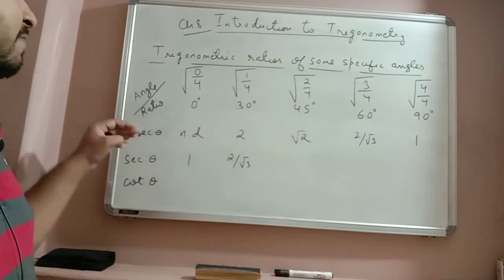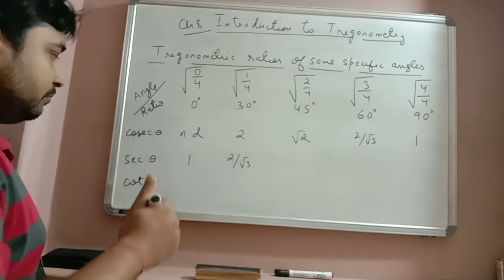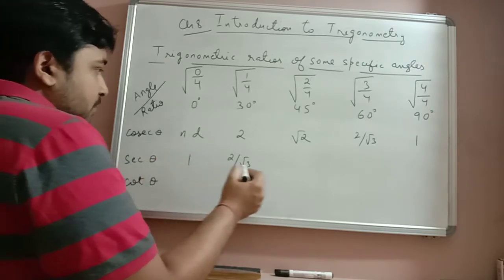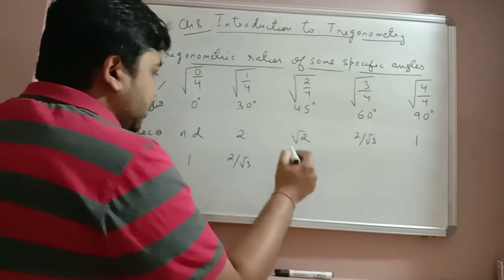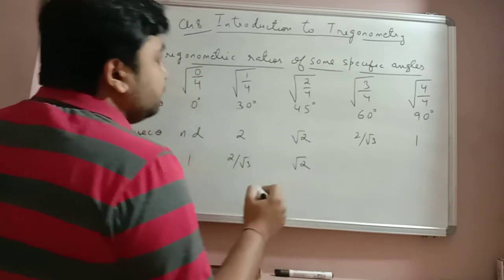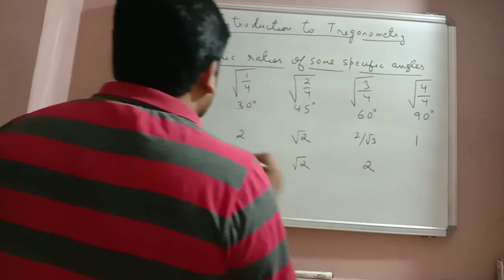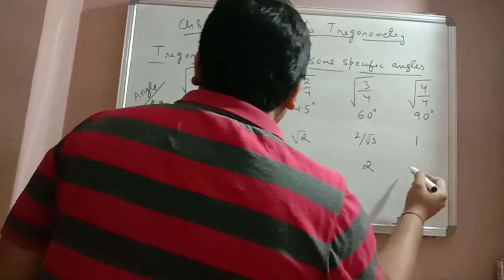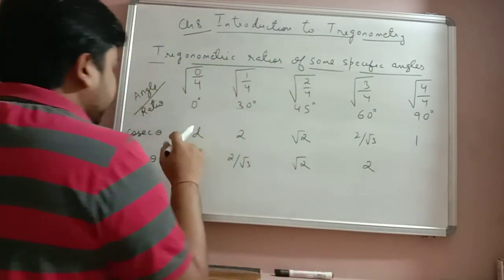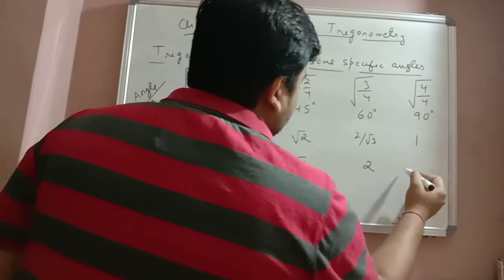We can reverse these values, cosec theta values, to get the values of sec theta. Alright, so sec 45 degree will be again root 2. Sec 60 degree will be 2, and sec 90 degree will be, now this is not defined, so cos 90 is 0, so it will be not defined.